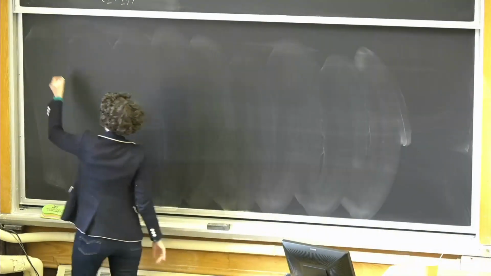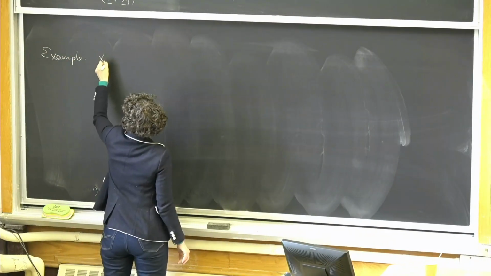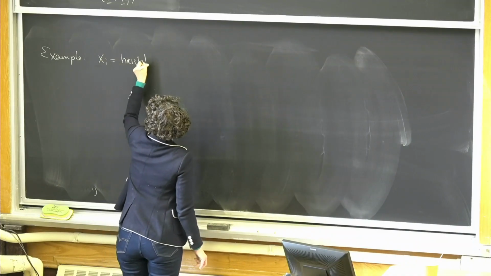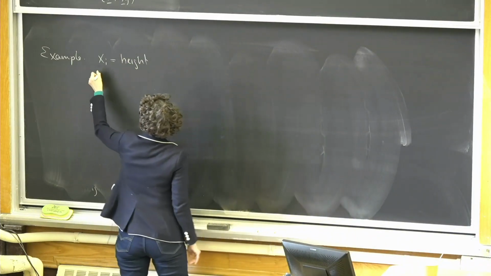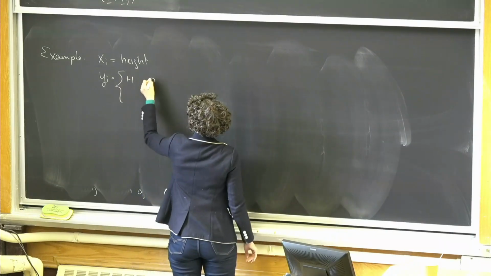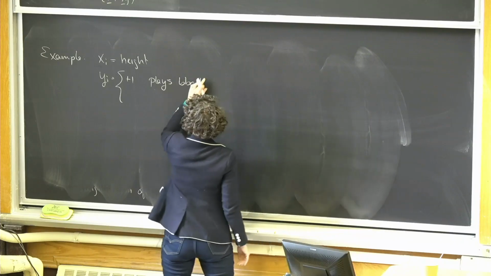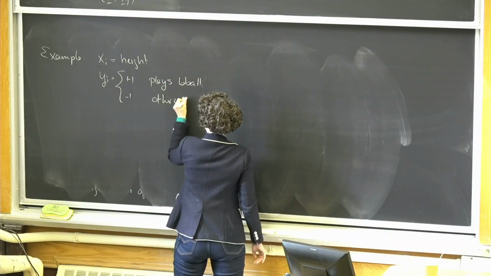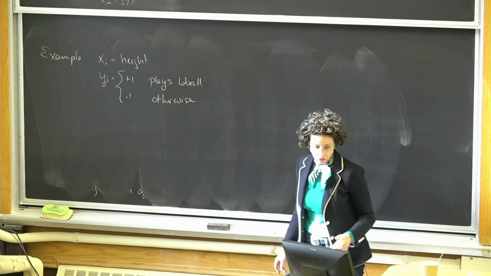Okay, so in this example, we are going to say that xi is equal to the height, so it is just a scalar, and yi is equal to +1 if the person plays basketball and -1 otherwise. Then imagine that we get 4 training samples.